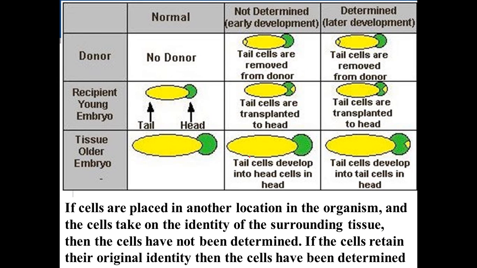So let's suppose here we have an embryo and we have normal development, and we know that this area is going to result in the tail and that area is going to result in the head, and this is what the embryo is going to look like.